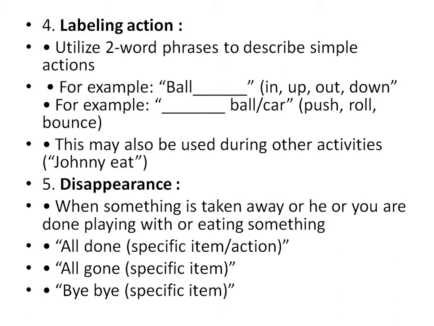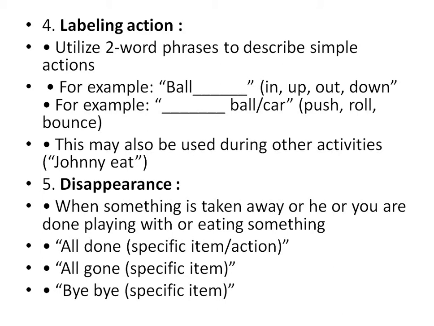For example, ball up, ball in, ball out or down. Or push the ball, push the car, bounce the ball, or roll the ball. So these are the phrases which function as fixed phrases when you are talking.